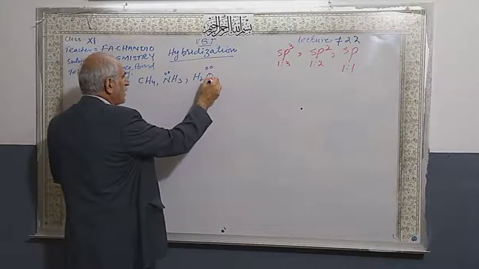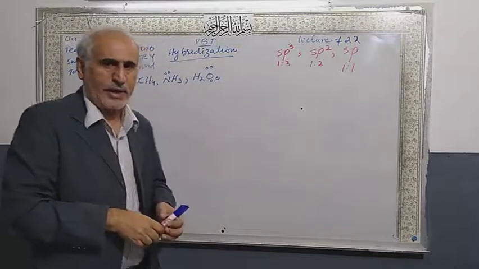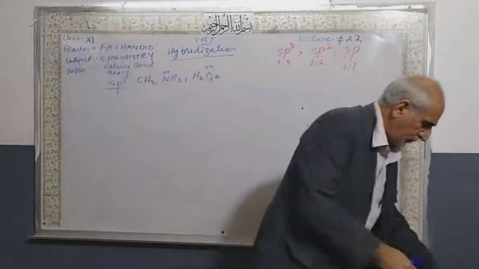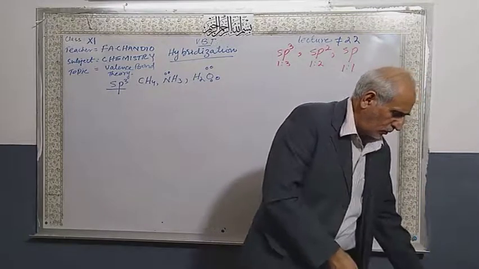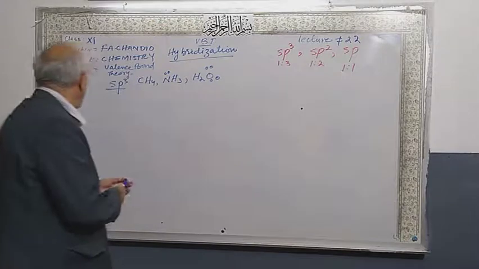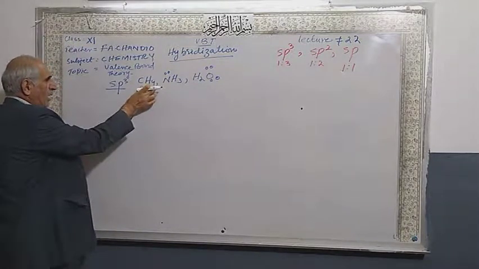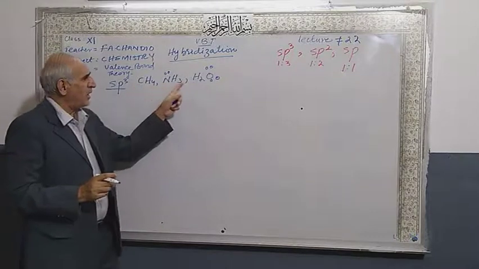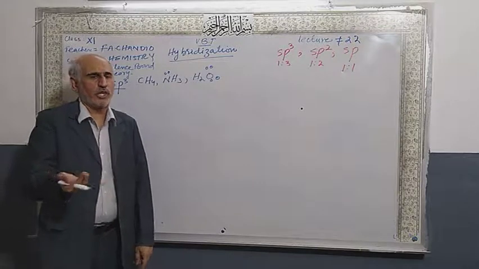These are the 3 examples in sp3 hybridization. Now if you see sp3 hybridization, I am going to explain methane. Carbon is the central atom, nitrogen is the central atom, oxygen is the central atom, which are involved in the bond formation.